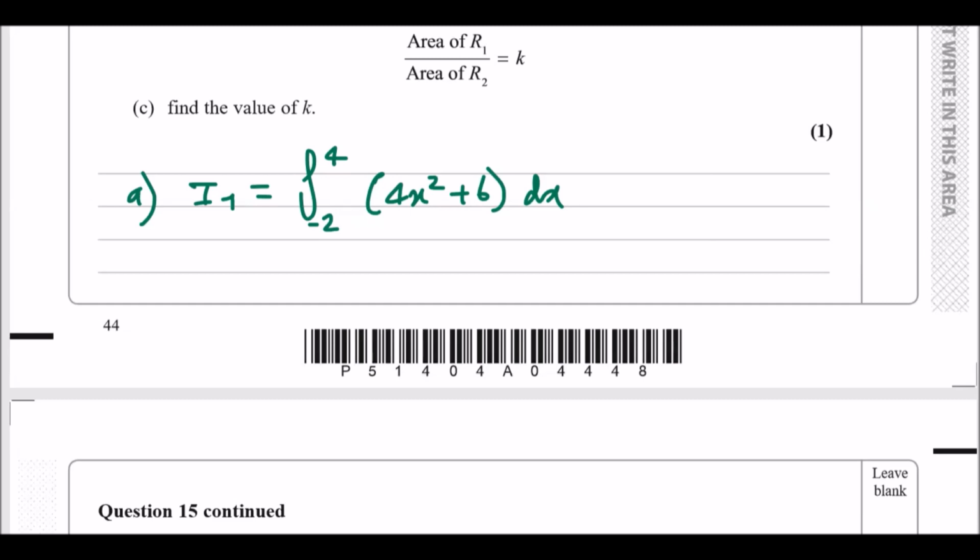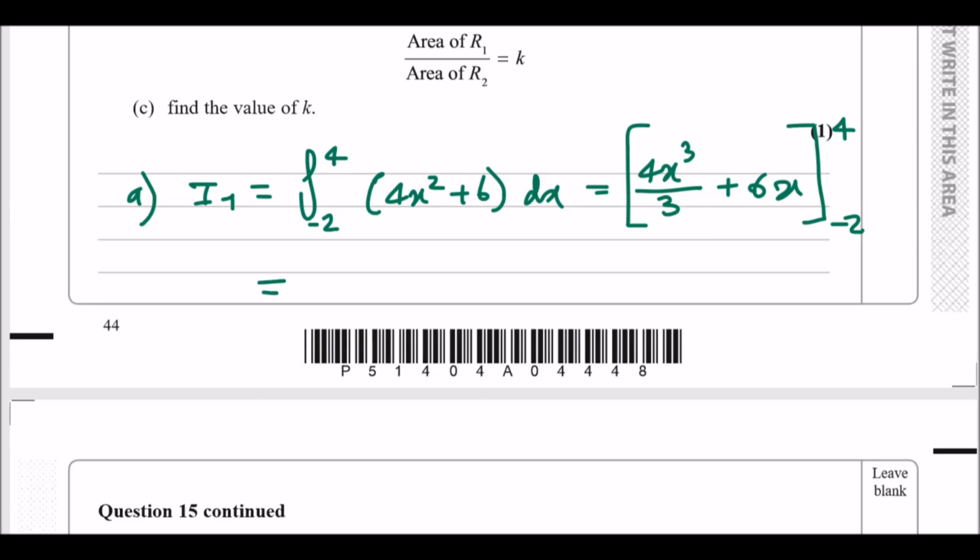Now integrating this one is not too bad. The rule is that you firstly increase the power by 1, so it'll be 4x cubed, divided by its power. If there's just a constant, you just do 6 and stick an x in. Because you've got limits, put some square brackets and put minus 2 and 4 here. This implies that you replace the x values firstly with 4, find a solution, then replace with minus 2, and then find the difference.